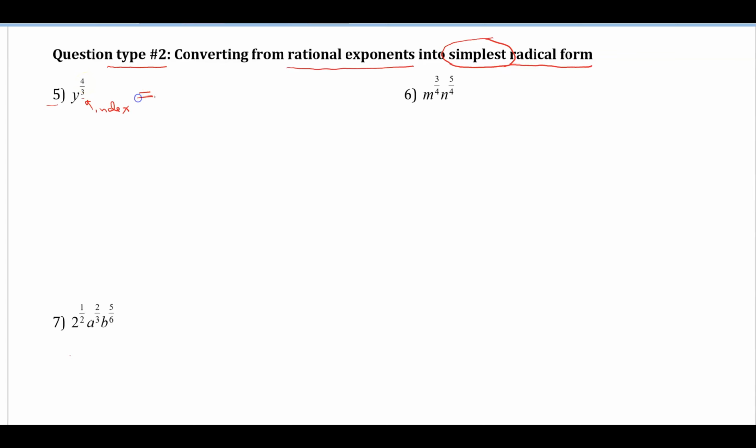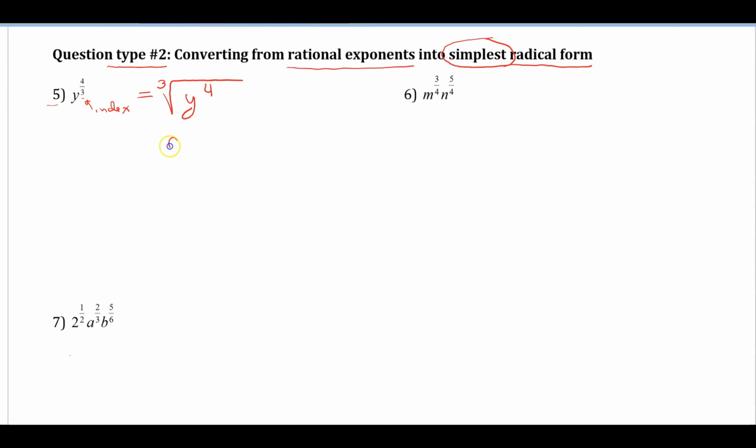So when I write this using a radical, it'll have an index of 3, so that means it'll be a cube root. And the power of y under the radical will be 4. So y to the power of 4/3 is the same thing as the cube root of y to the 4th.